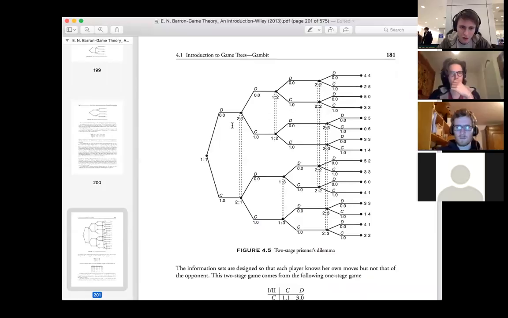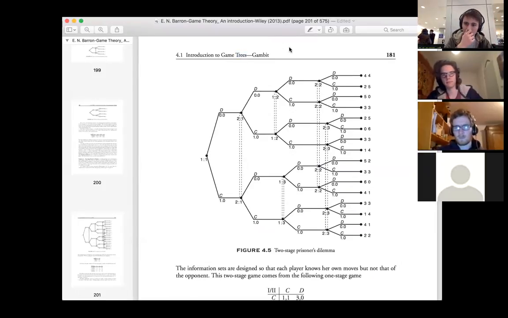So if you notice, this is just a two-stage prisoner's dilemma where the choices are simultaneous. Cool. We'll link the Gambit software in the notes.